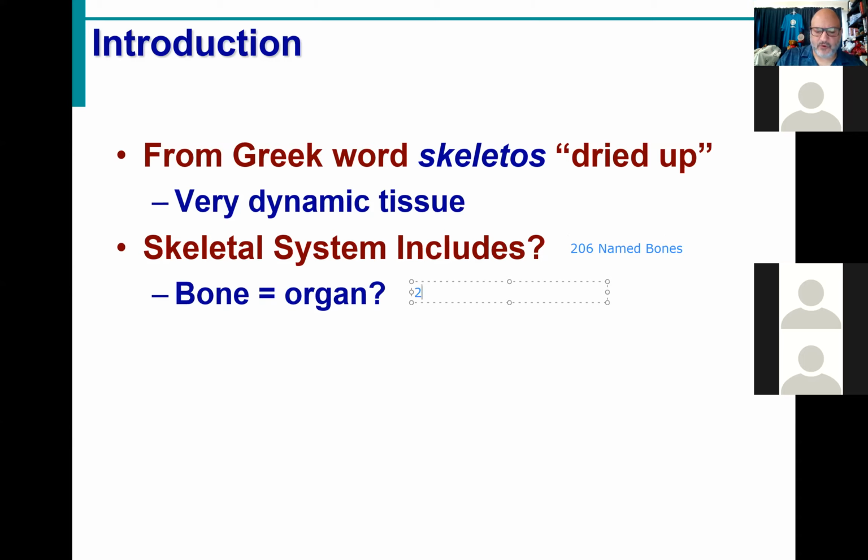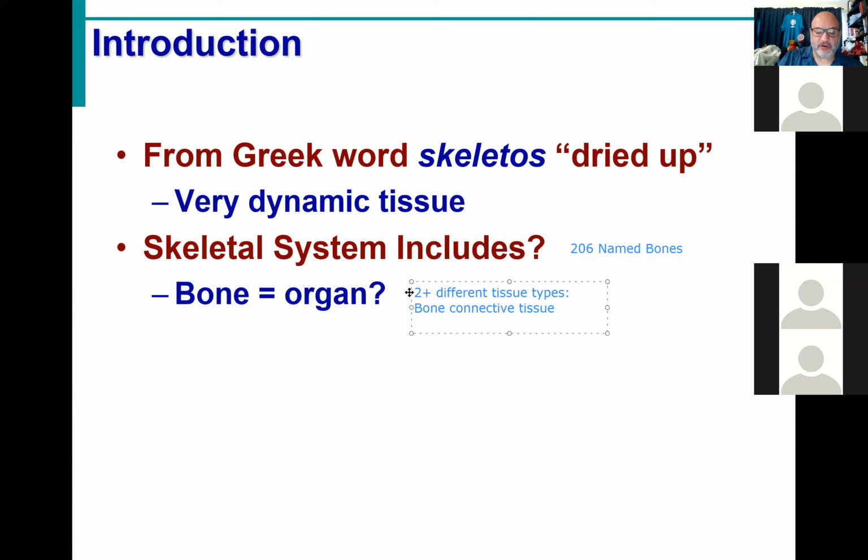We have to have 2 or more different tissues. And we absolutely have that in bones. Obviously, as the name indicates, our bone connective tissue is the most common connective tissue that forms the organ that we call the bone.